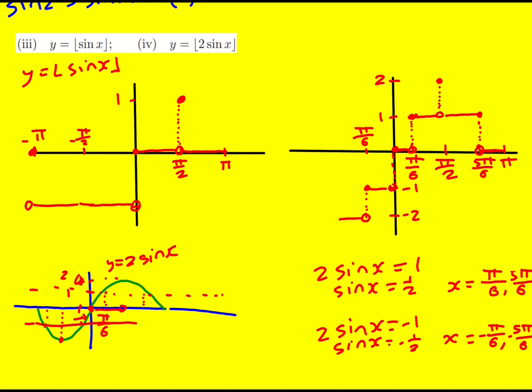What happens at minus pi over 2? 2 sine of minus pi over 2 is going to be -2.